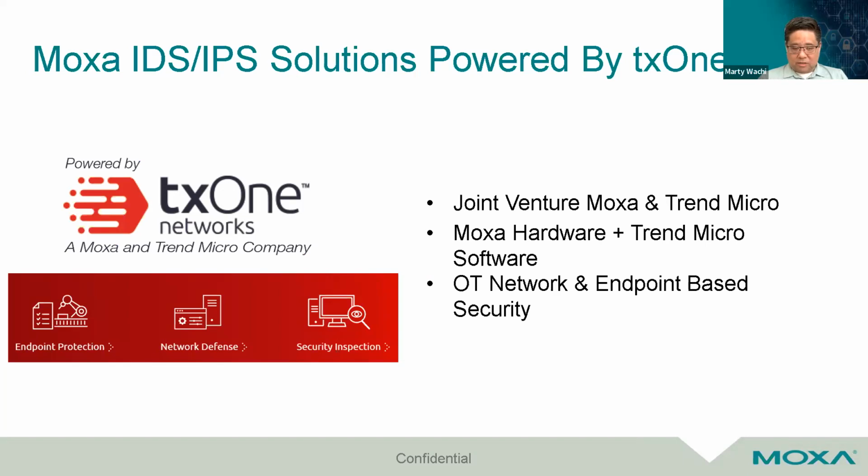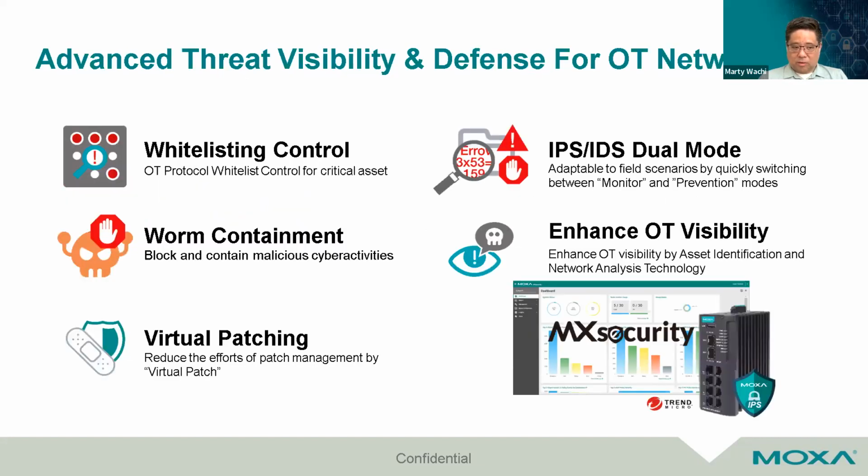So Moxa is obviously not a security company, so we partnered with Trend Micro to create a joint venture called TX1, where we're leveraging Trend Micro's experience in enterprise network security to provide us with those signature files and some of those things on top of Moxa hardware to provide you as a customer or partner these types of advanced horizontal security capabilities.